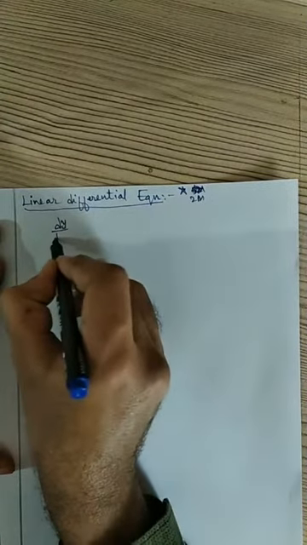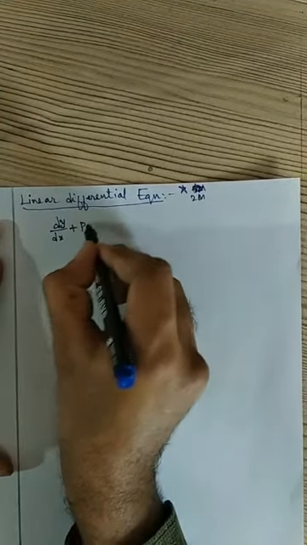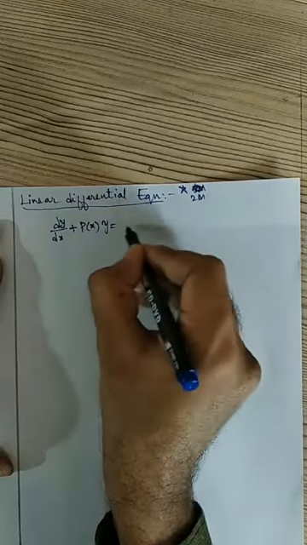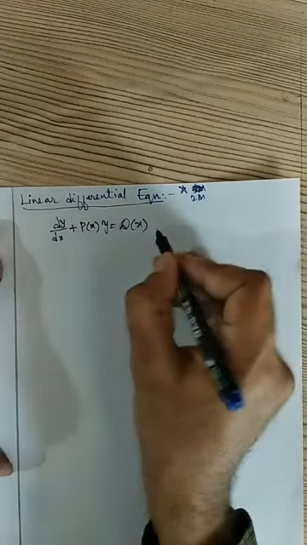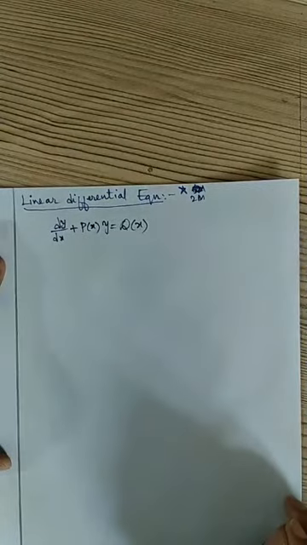Any equation of the form dy by dx plus p of x into y equals q of x, any equation of this form is called a first order linear differential equation. The basic definition of a linear differential equation is that the dependent variable and all its derivatives should be of degree 1 and they should not be multiplied together.